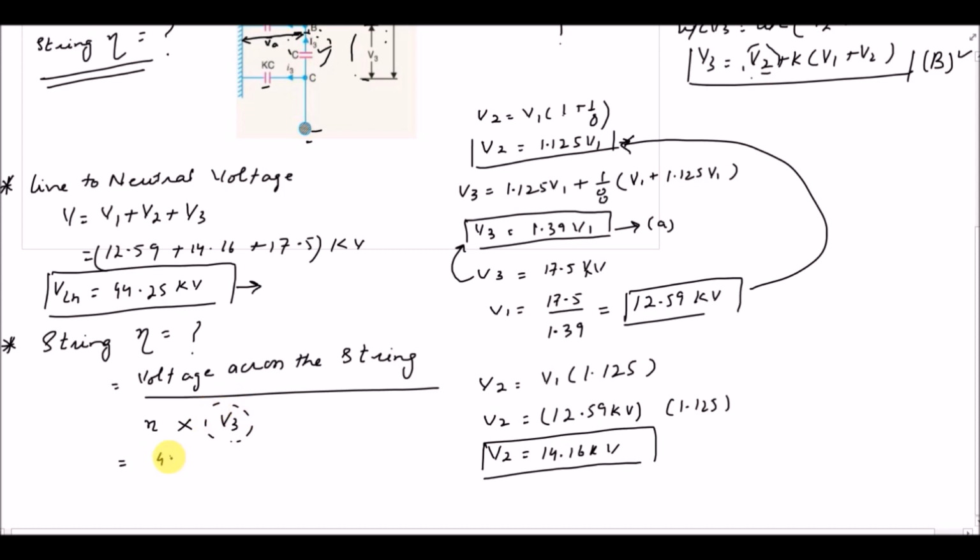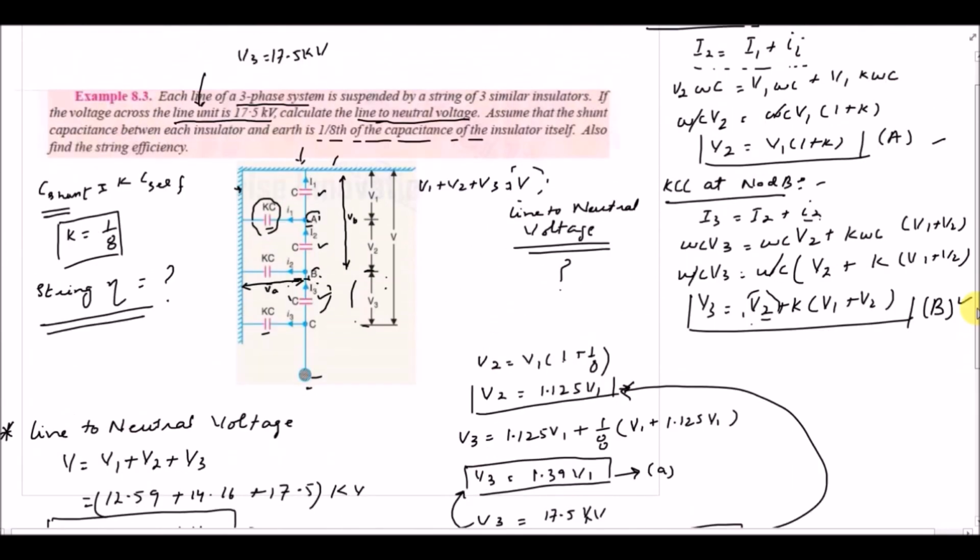So it is 44.25 into 100 over 3 into 17.5. So the efficiency value is 84.28%. So this is the second part of your question.